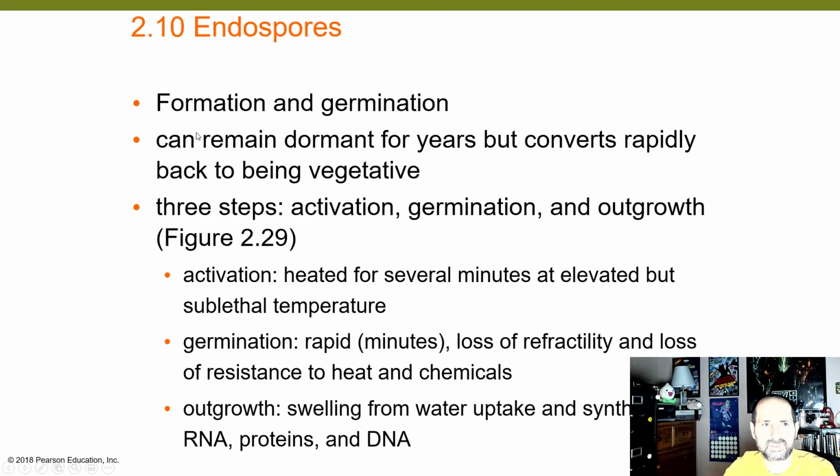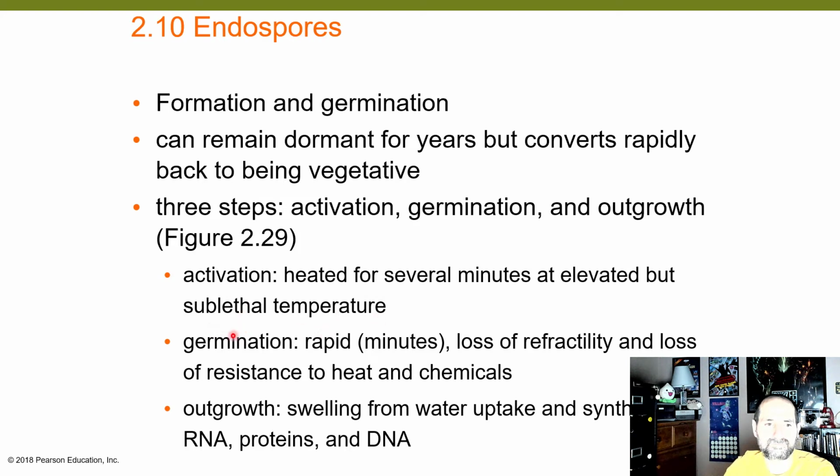Okay. So again, this endospore can remain dormant for years, but converts rapidly back to a vegetative cell once the conditions improve. And the way that a dormant cell can reactivate is through a process: activation, germination, and outgrowth. I'll show you a picture of that soon. During activation, you need heat for several minutes at an elevated but sublethal temperature.